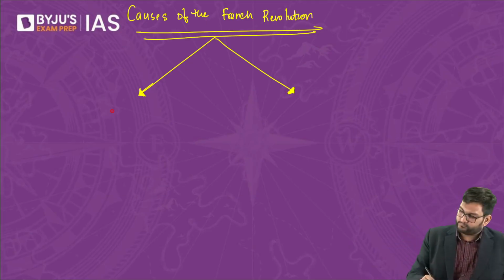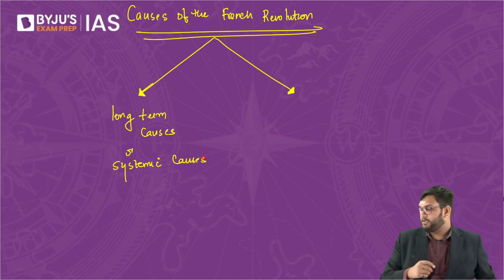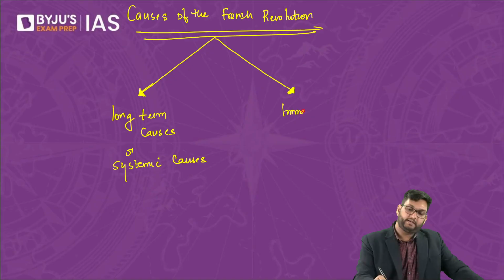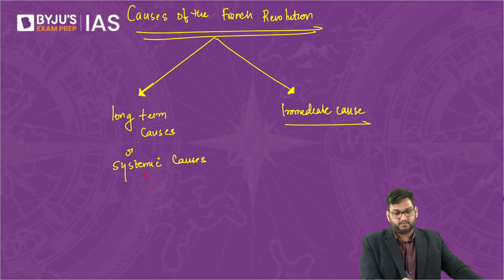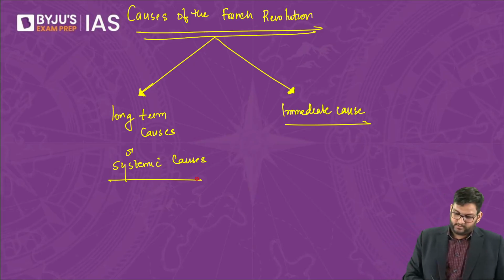Causes of the French Revolution. There are 2: long-term causes or systemic causes, and second, the immediate cause. Now let's talk about the systemic causes first.